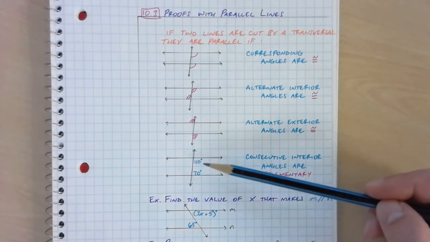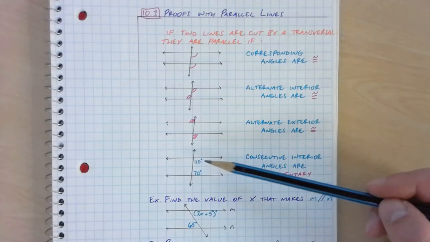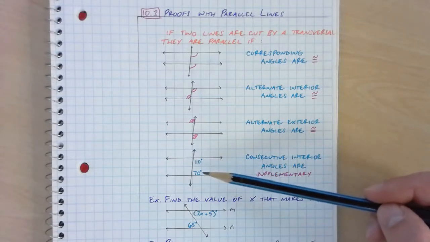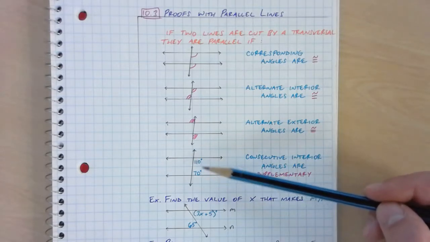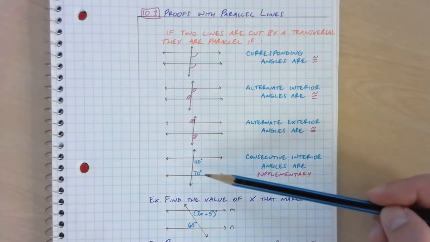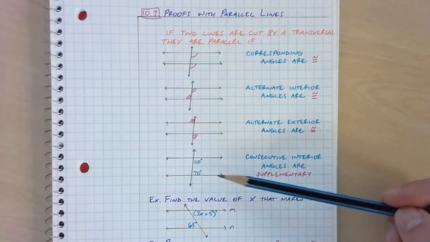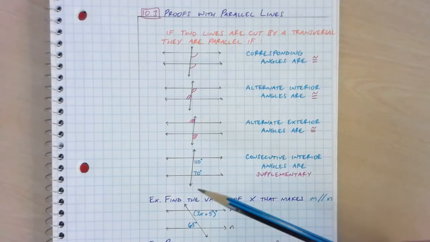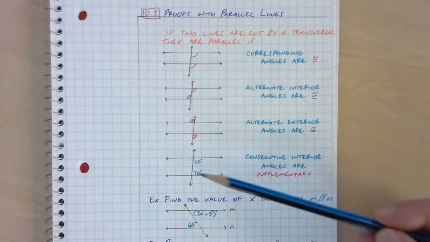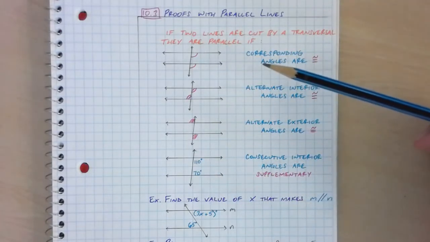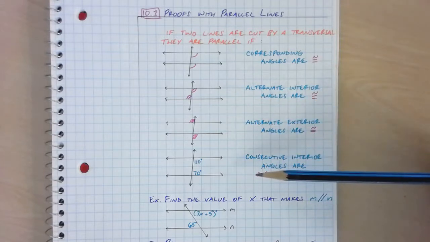So for instance, in this example, this is not the only way to do it, but if I have these two angles add to 180, 110 plus 70 equals 180, if this happens to be the case, that's going to force these two lines to be parallel. And again, the main thing to emphasize here is that in each of these cases, this is the exact same set of four rules from Section 2, but I'm just starting with different information.